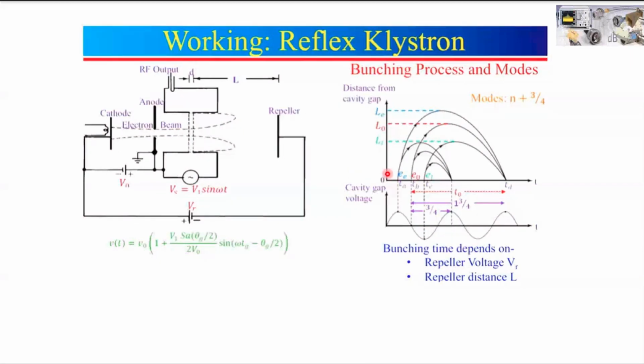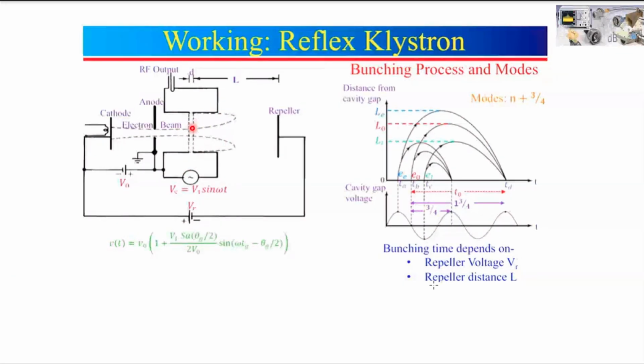We have a cathode from which the electron beam is injected. This is the focusing, or accelerating, anode, which focuses and narrows down the electron beam. Then we have the cavity, which acts as a buncher cavity for forward moving electrons and a catcher cavity for backward moving electrons.